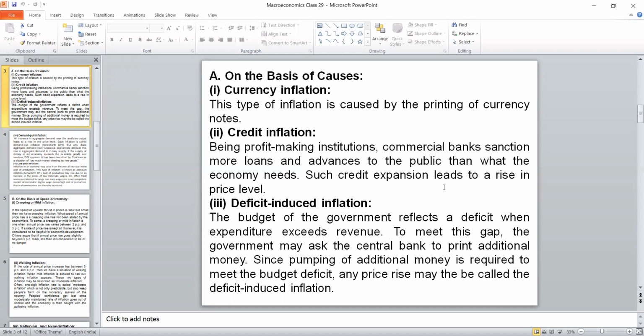That difference we have to get from the public through taxation. That gap should be augmented through monetary policy instruments like bank rate policy, repo rate, and other economic indicators. This will induce more circulation in the economy. Because of that, there will be some inflation. That inflation we call deficit-induced inflation.